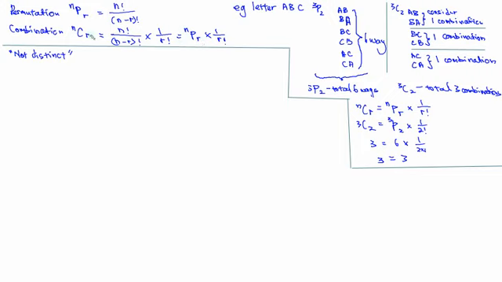Okay. So nCr is equal to nPr times 1 over r factorial. Okay. Now let's look at an example, and it will be clearer.